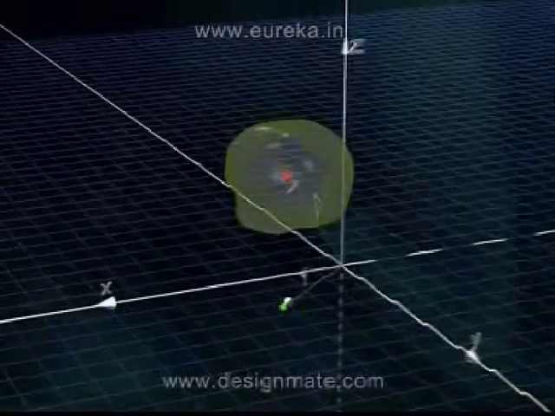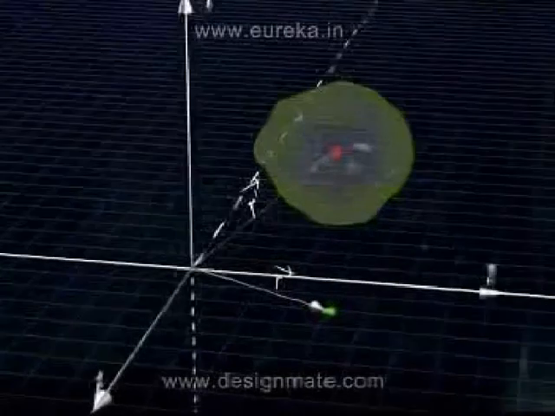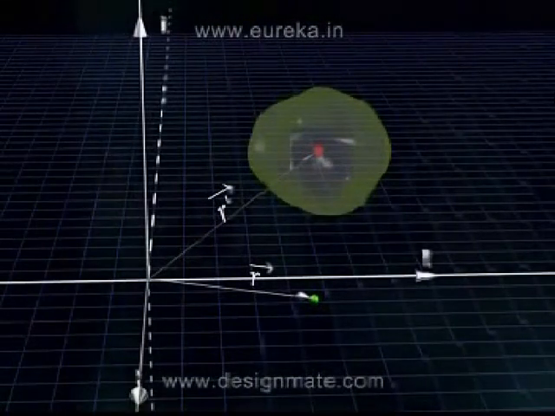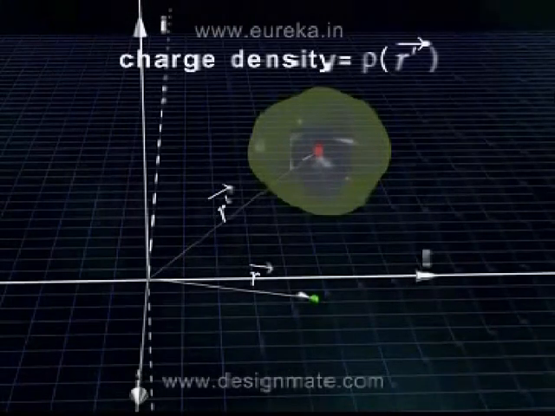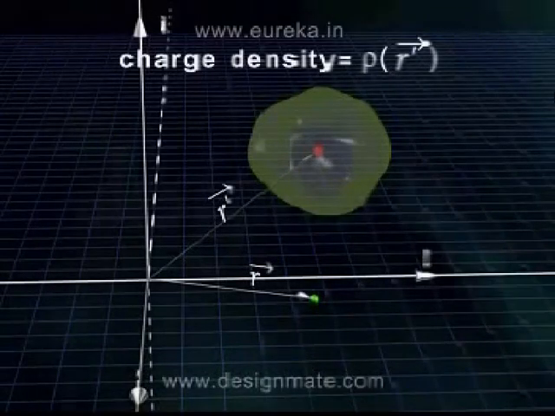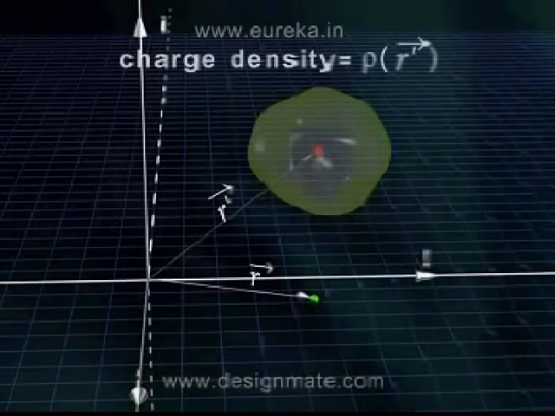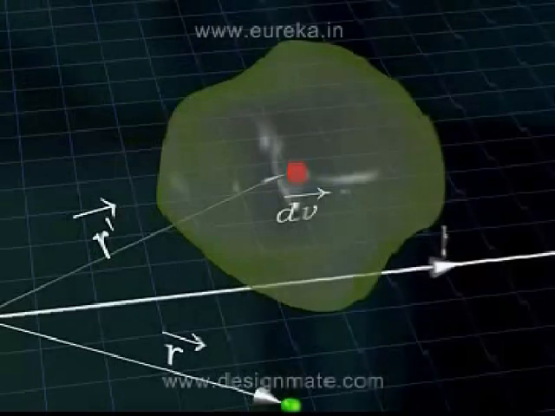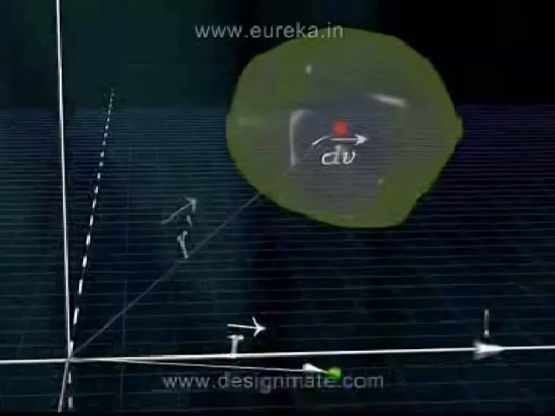Similarly, if we consider the continuous charge distribution on any volume, rho of vector r' is equal to the charge density in the volume element with position vector, vector r'. dV is equal to the volume of the volume element with position vector, vector r'.